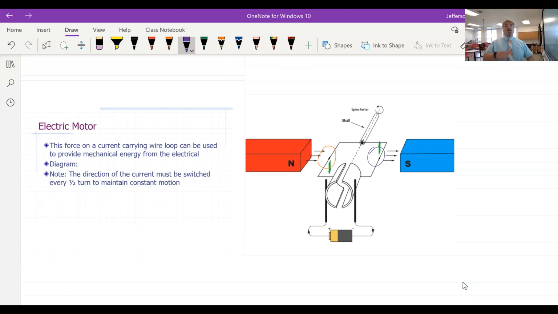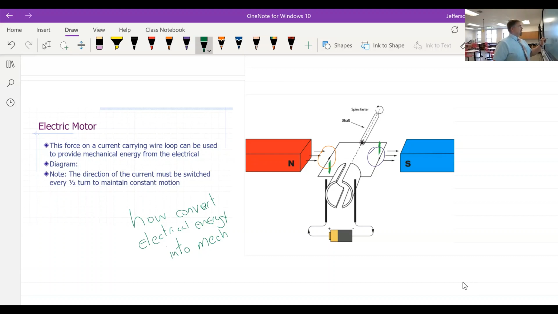And if you are constantly causing those forces to go down on the left and up on the right, that'll cause our electric motor to continue to spin. And so this is how we convert electrical energy into mechanical.